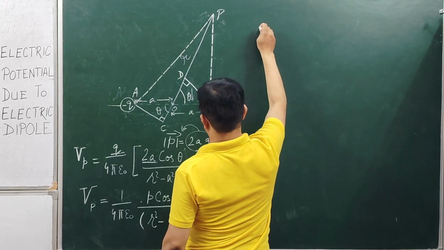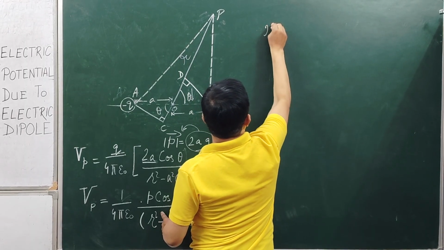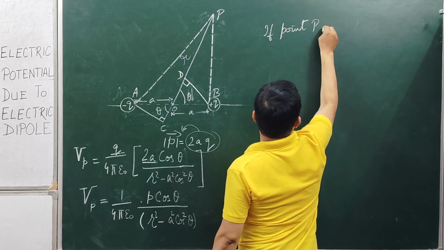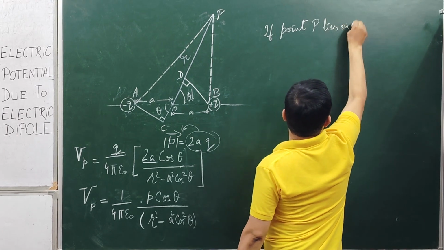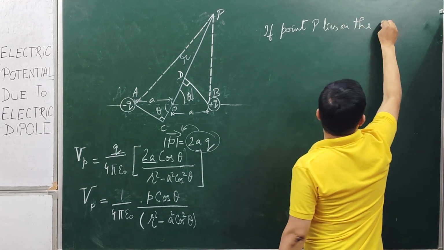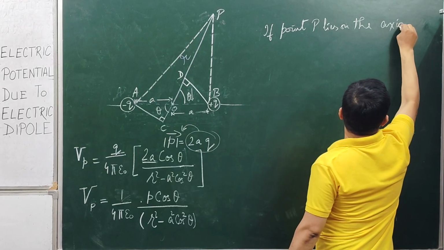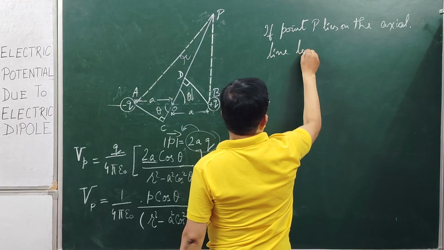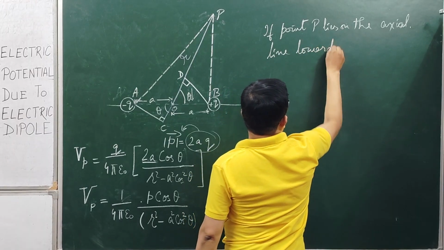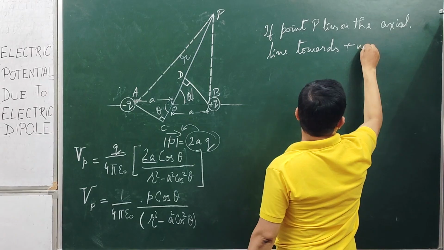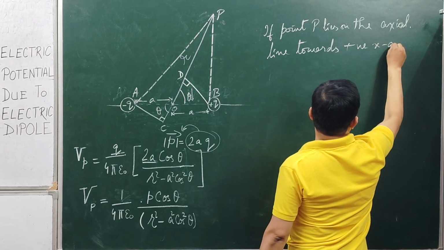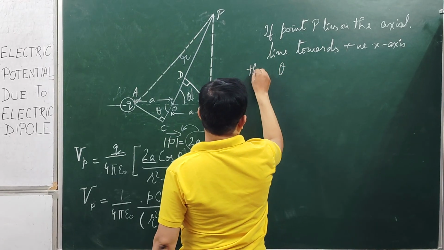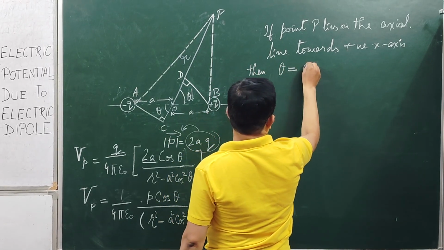So we get this here. So if point P lies on the axial line towards positive x-axis, suppose, then theta equals 0.